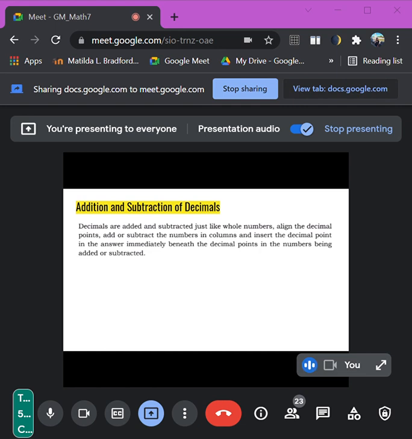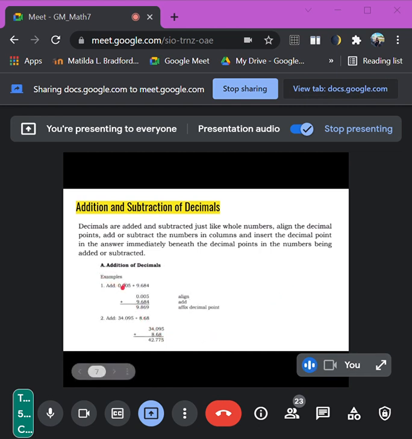So you're just going to align the decimal points and then add and subtract right away. Just insert the decimal point in the answer immediately beneath the decimal points in the numbers being added or subtracted. Or shall we say, align them, bring down the decimal point, and then just add, just like a normal number, or just like a whole number.